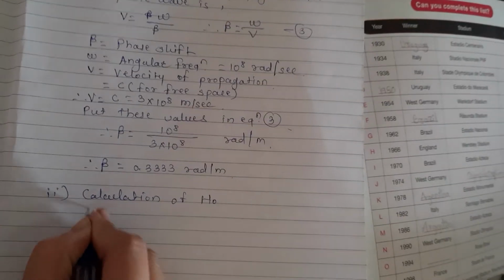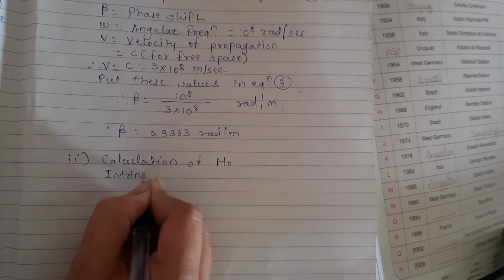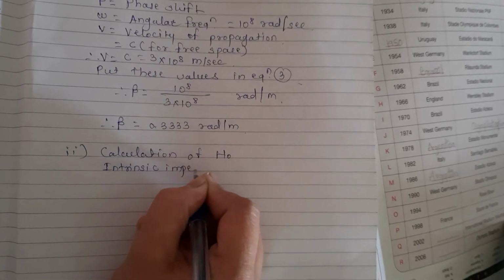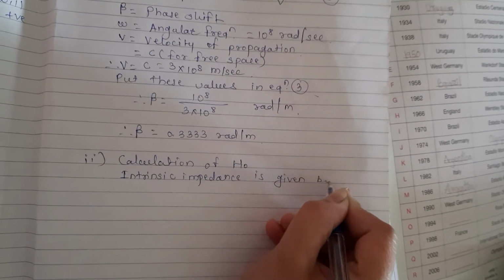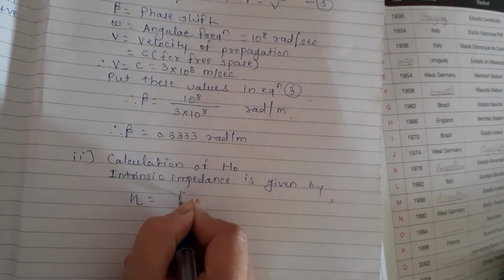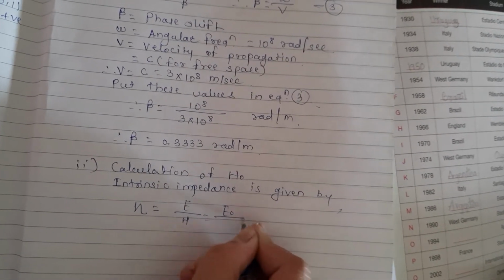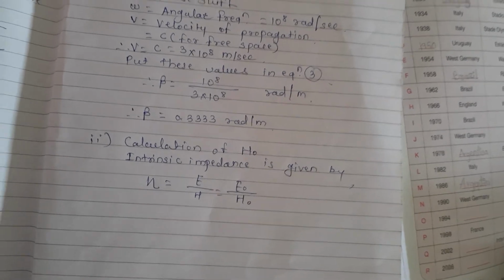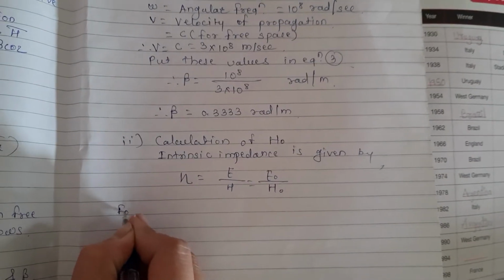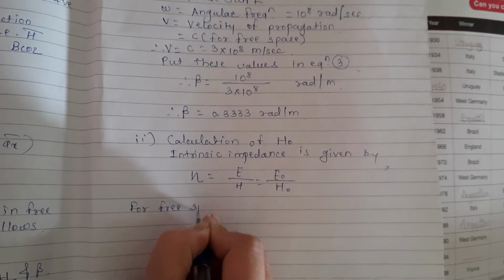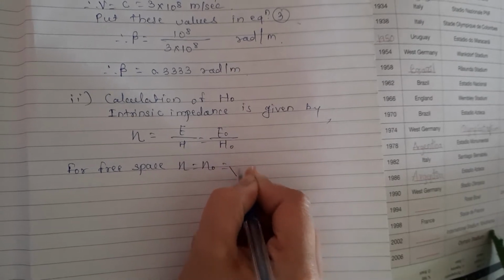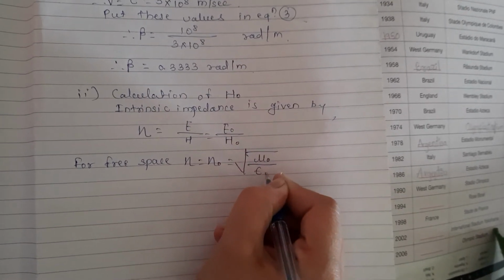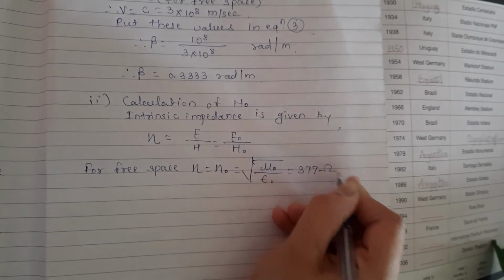Next part is calculation of H0. Now we know that intrinsic impedance is given by E by H, that is E0 by H0. For free space, it is equal to square root of mu 0 by epsilon 0, that is 377 ohm.